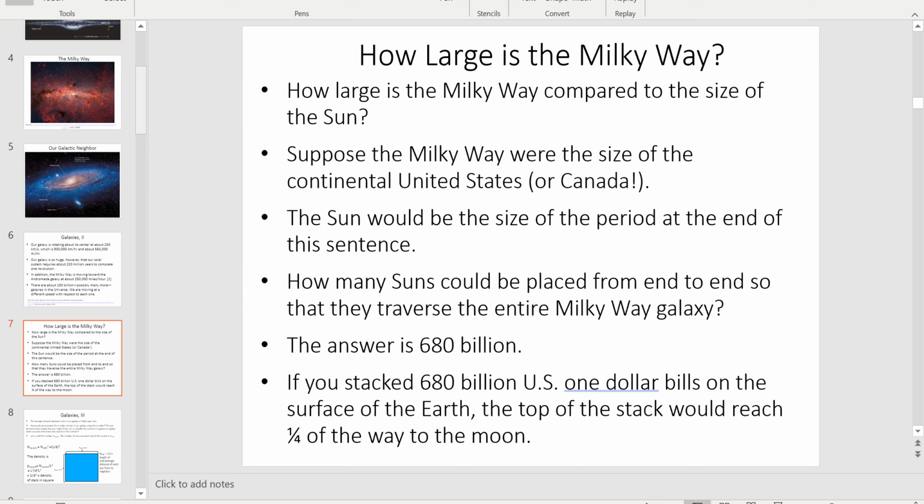For example, the size of the Milky Way, as I said multiple times, is 100,000 light years in diameter. Our closest major galactic neighbor, our next door neighbor, is the Andromeda Galaxy, which is about 2.5 million light years away. So we're talking about 100,000 light years compared to 2.5 million. This is a factor of 25.